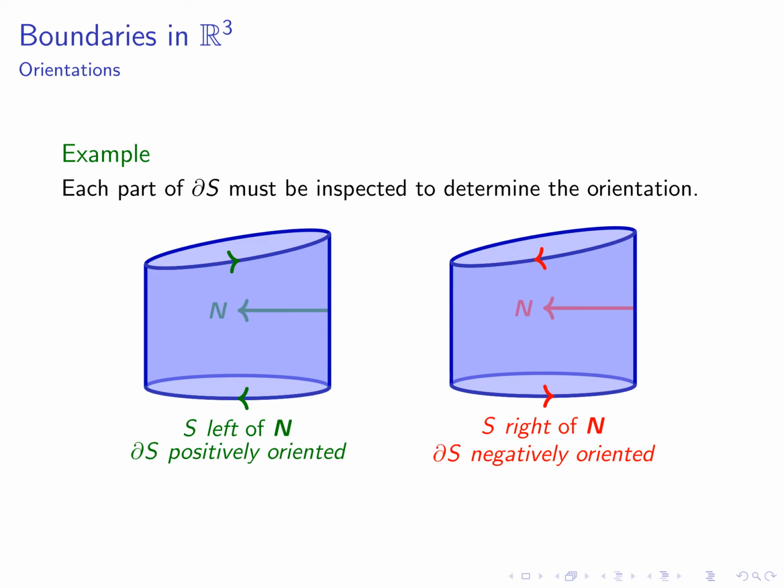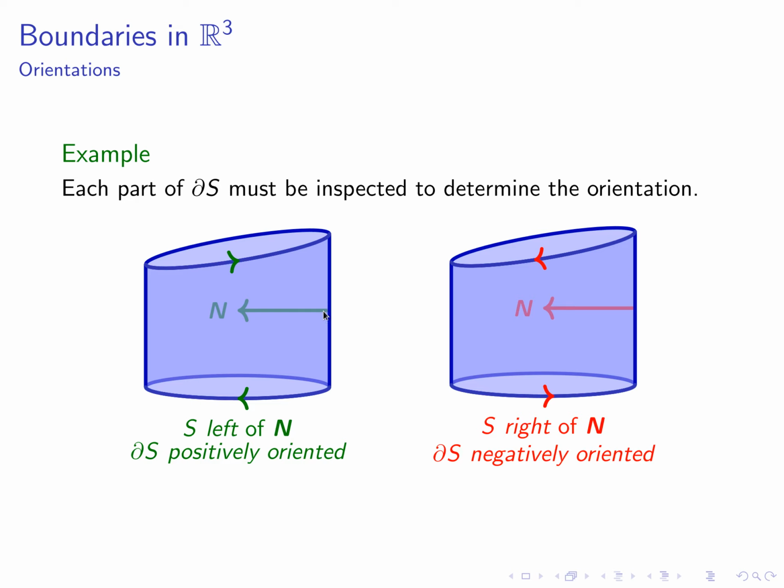And of course, each part of the boundary must be inspected to determine orientation. So here we have the same surface with the same choice of normal vector in both of these examples, but here the boundary portions are parametrized with different orientations. So if we look at this figure on the left, our figure here is a cylindrical region where the normal vector is pointing into the cylinder.